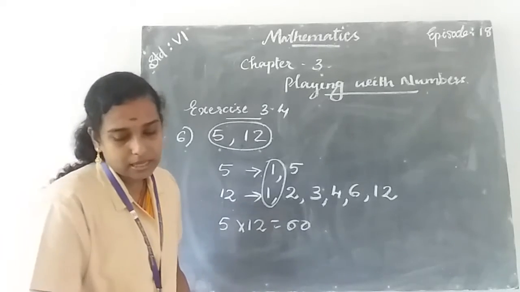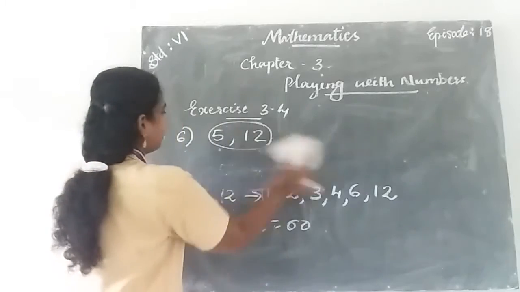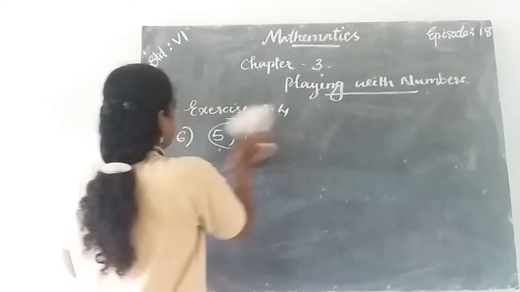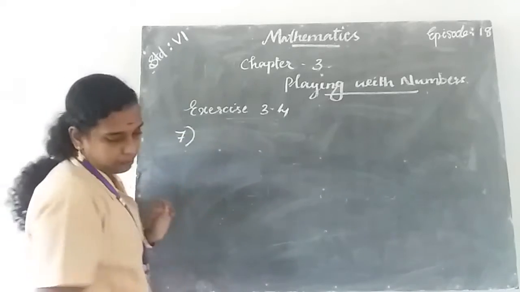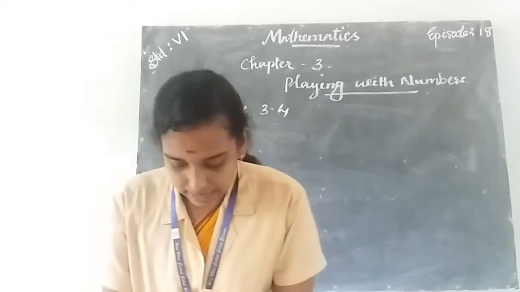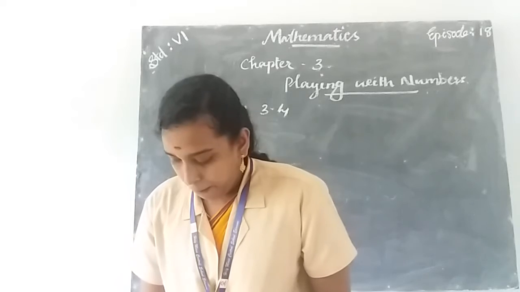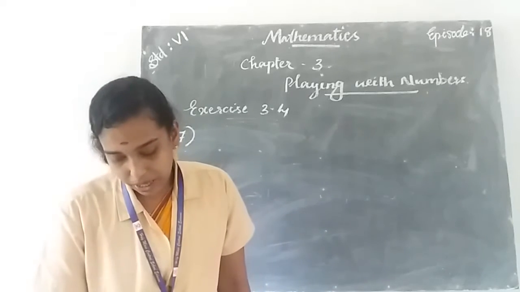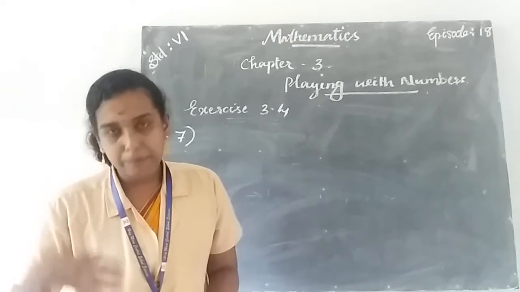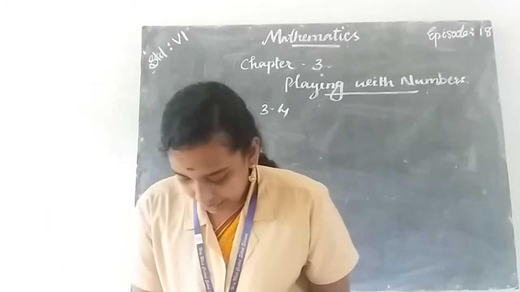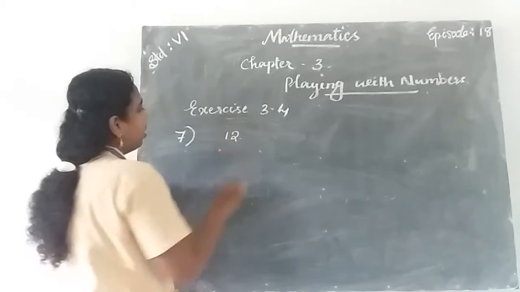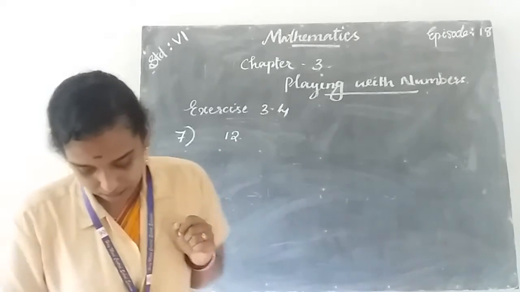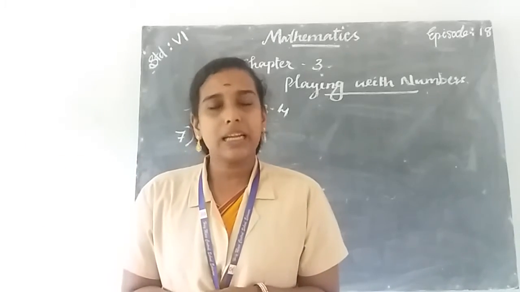And question number 7. A number is divisible by 12. By what other numbers will that number be divisible?